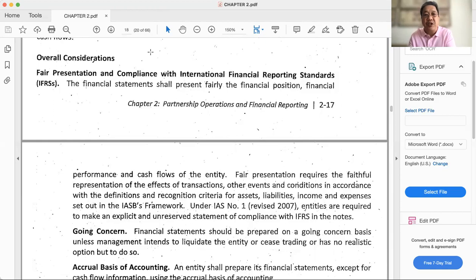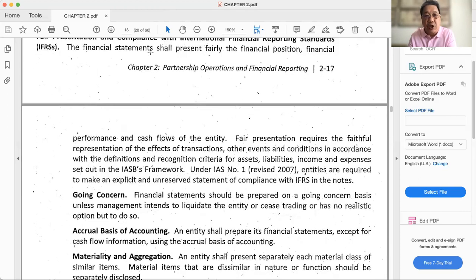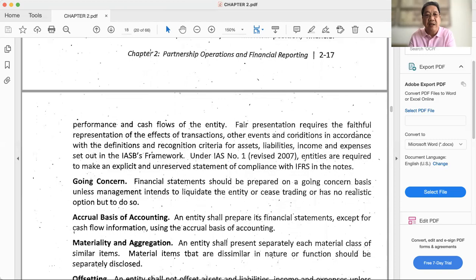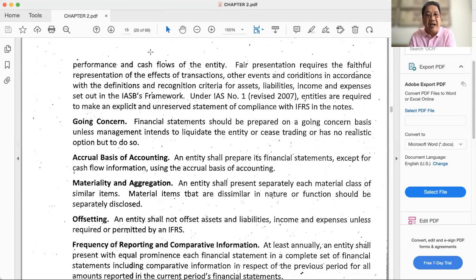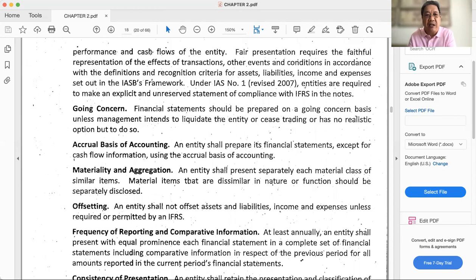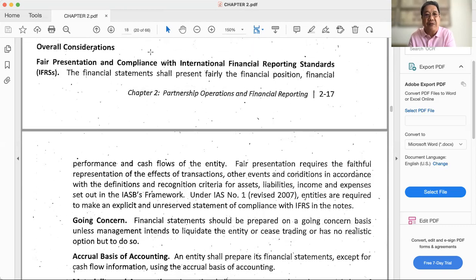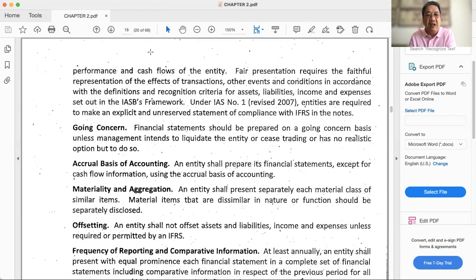The financial statement should present fairly the position, performance, at paano tumakbo ang cash ng kumpanya. A little review of what we discussed in accounting 1, IFRS, International Financial Reporting Standards.